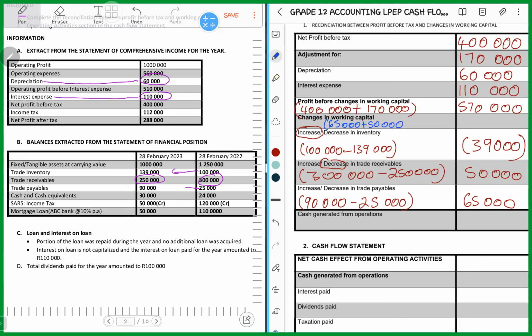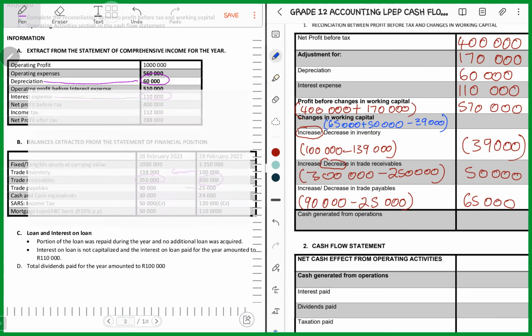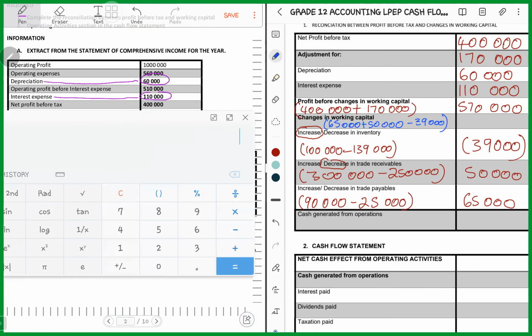But since we have an outflow of inventory of 39,000, we cannot add it; we're going to subtract 39,000. Again, if the entire amount gives you a negative, it will be an outflow, but if it gives you a positive number, then it is an inflow.